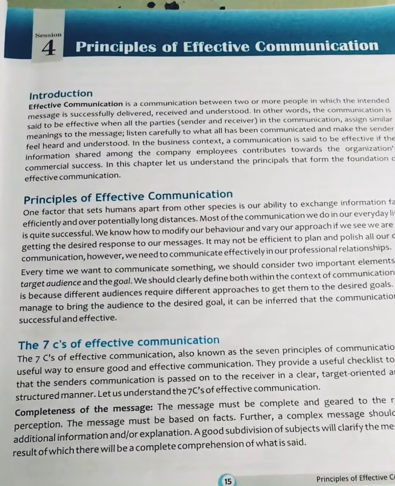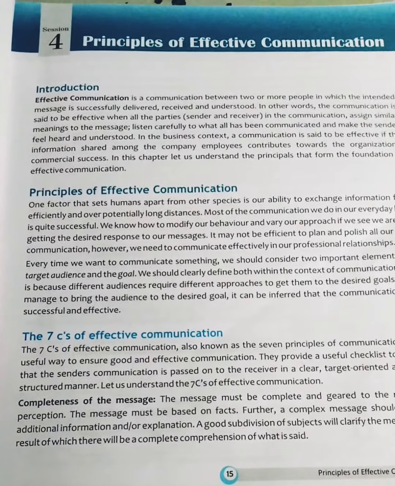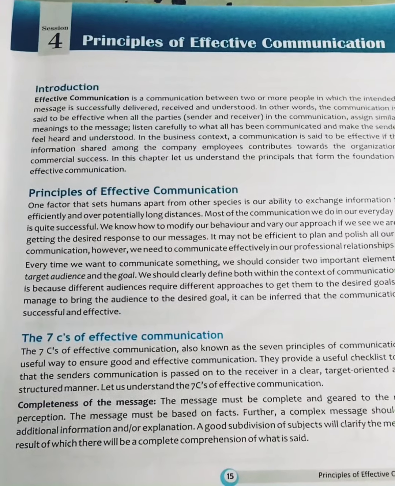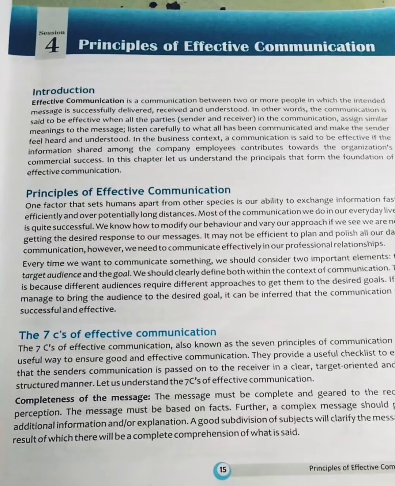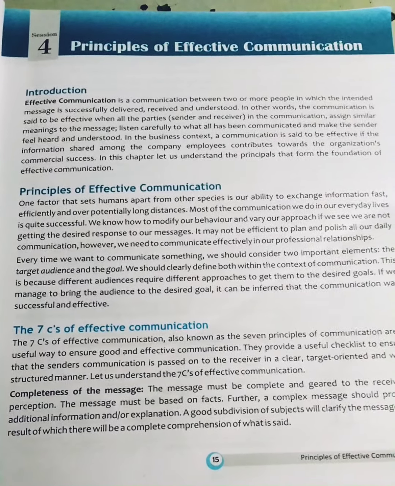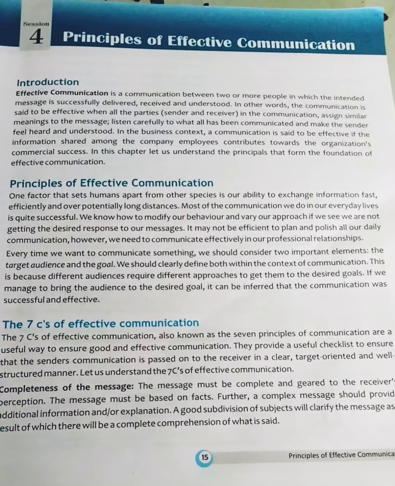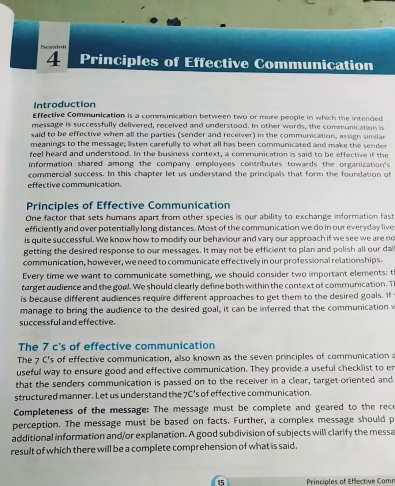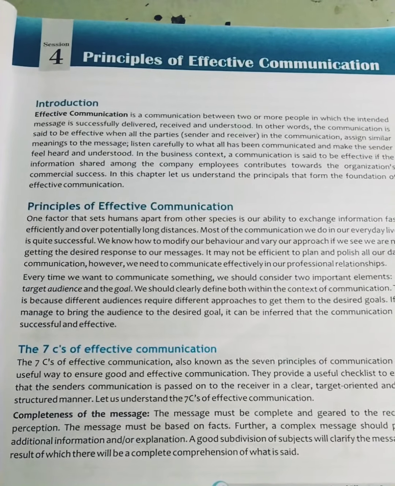The next is the 7 C's of effective communication. The first is completeness of the message. The message must be complete and cater to the receiver's perceptions. The message must be based on facts.